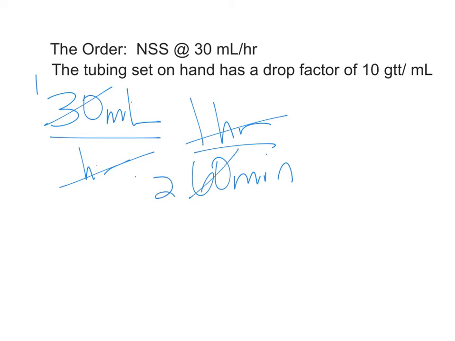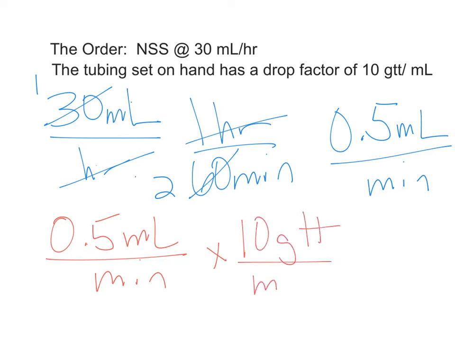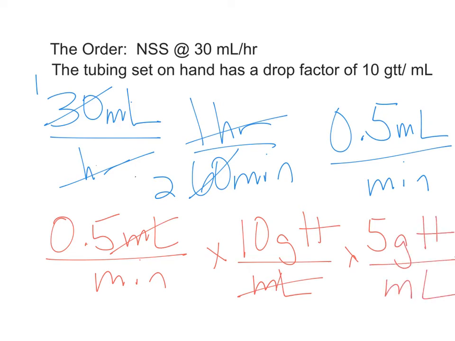And we end up with 1/2 or 0.5 ml per minute. And down the bottom here, 0.5 mLs per minute times our tubing factor, 10 drops per ml. Cancel that. And multiplying across, you end up with 5 drops per minute.